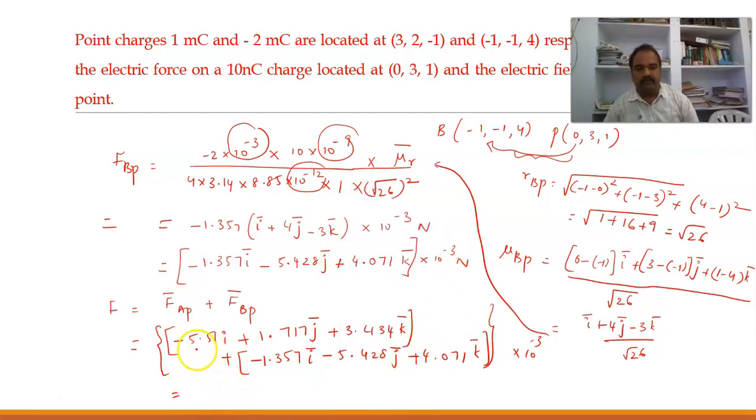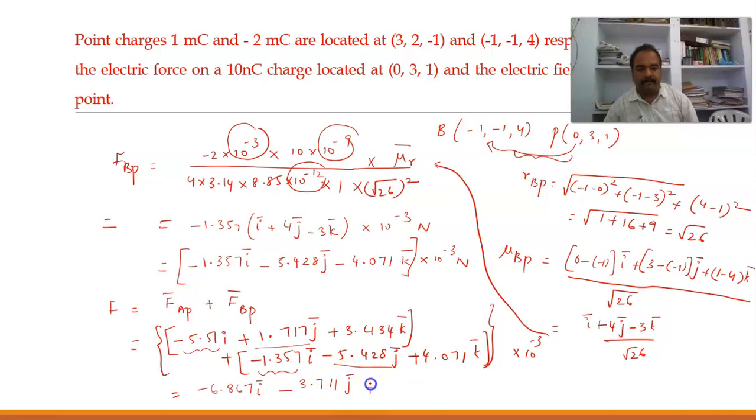If we add, the i vector and i vector must be joined, so you will get somewhere around minus 6.867 i bar. Then this is plus 1.717, this is minus 5.428; if you add, you will get around minus 3.711 j bar.